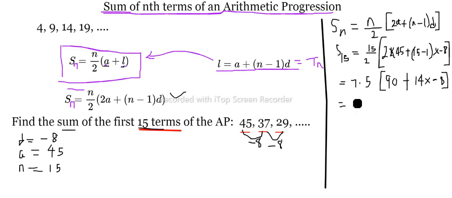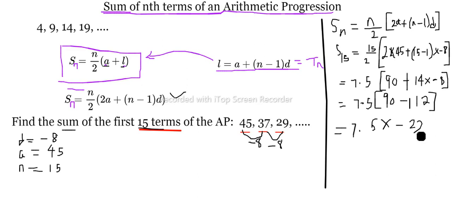So we have 7.5 into (90 plus 14 times minus 8, which is minus 112). So we have 7.5 multiplied by (90 minus 112, which is minus 22).